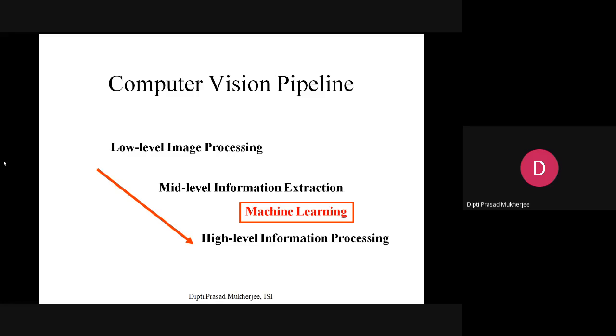Then the information comes to the mid-level information extraction process. One of the very popular mid-level information extraction is segmentation, which means you take the segment out and then finally you infer the content of the segment, what the segment is, and that's what we call the high-level information processing.